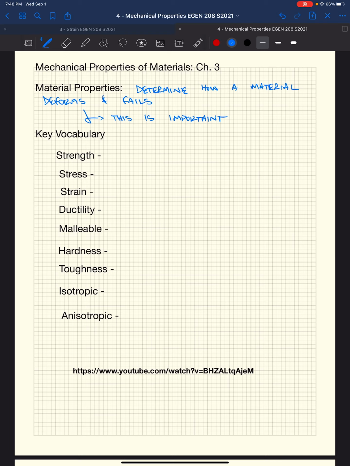Some of the big vocabulary terms as part of mechanical properties is strength. This is a general term for capacity to resist load. How strong is it? Stress, we've talked about this, is the intensity of a force.